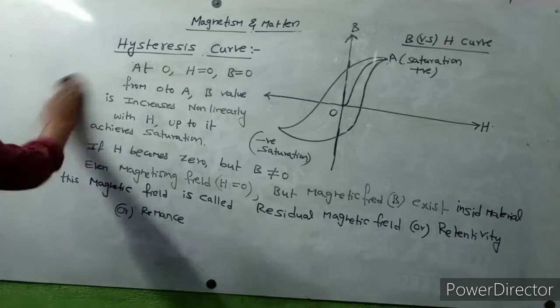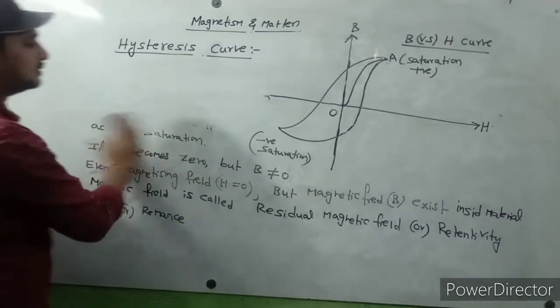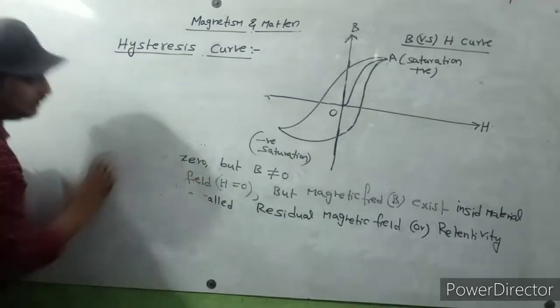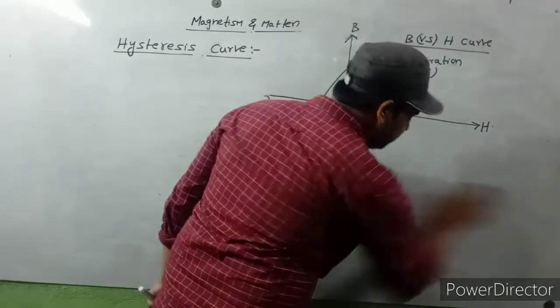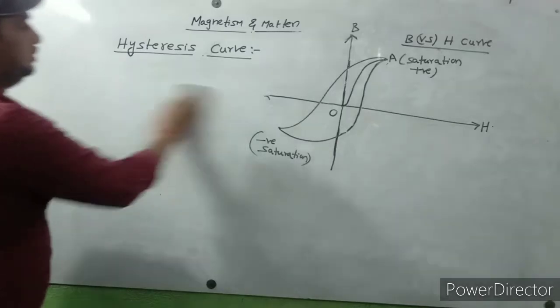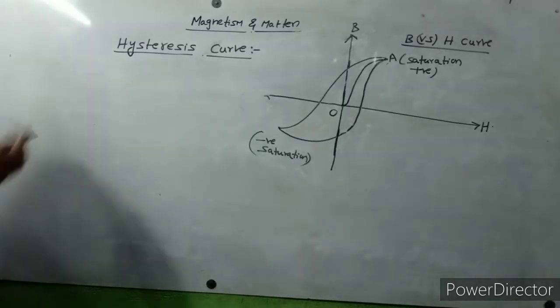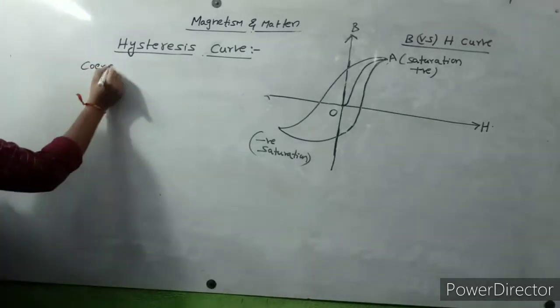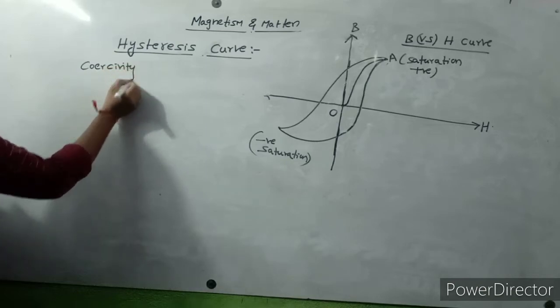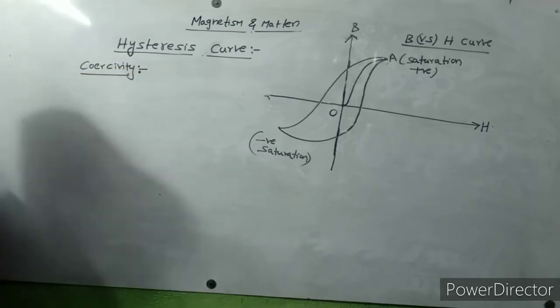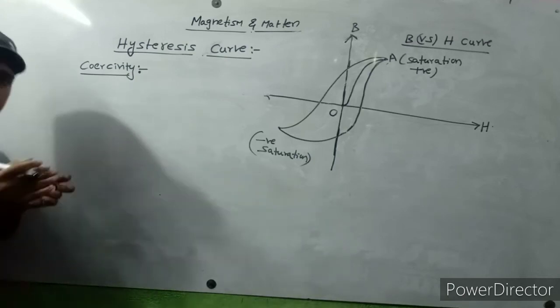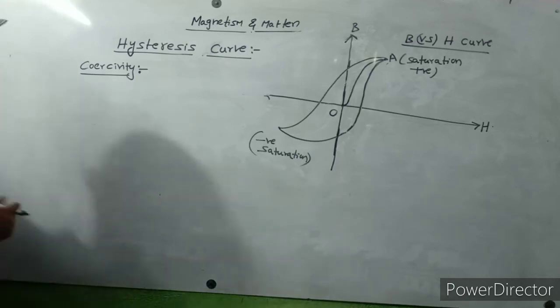Coercivity. Next, what is coercivity? Now B value is not equal to 0. So how to make this B value equal to 0?